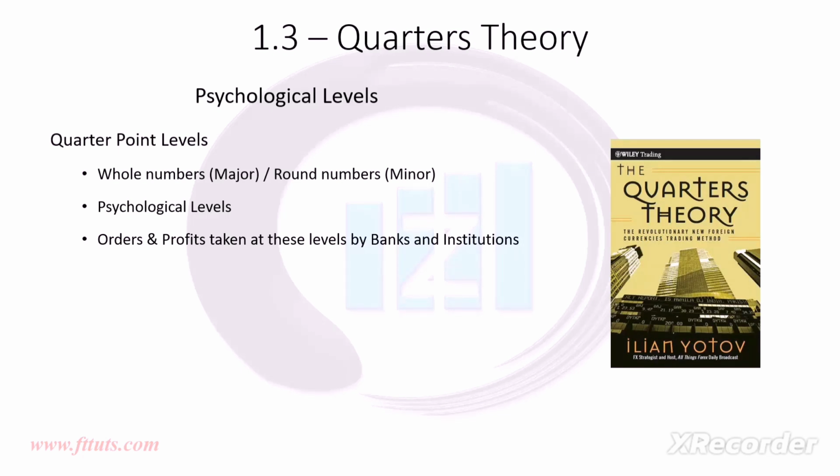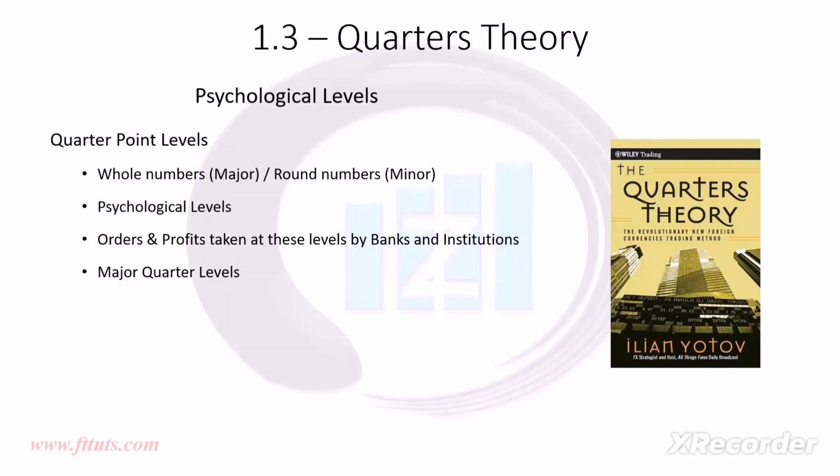They're going to say enter at 2300, enter at 2350. They're going to enter and exit their positions at these larger numbers because it's just easier to keep their books that way. So knowing that, we want to understand where these major quarter levels are and use them in our own technical analysis and in our own trading.